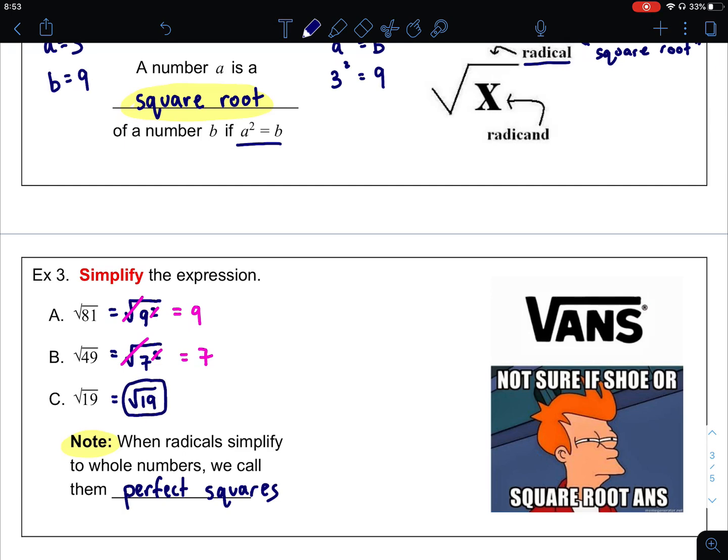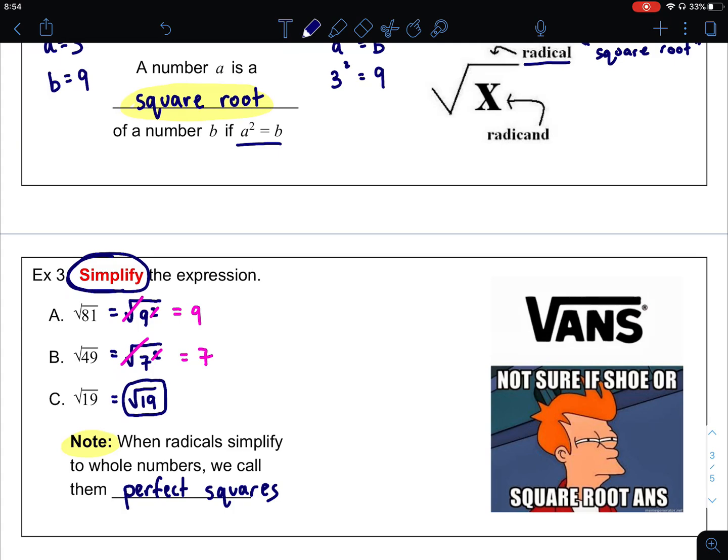And you might be thinking, well, I could throw that in my calculator though and find out the decimal value. And that's where I would say no. Simplify means write it in its simplest form, which in this case is the square root of 19. Writing something as a decimal is actually changing its number. Because if you threw the square root of 19 into your calculator, you would get an irrational, never-ending decimal.